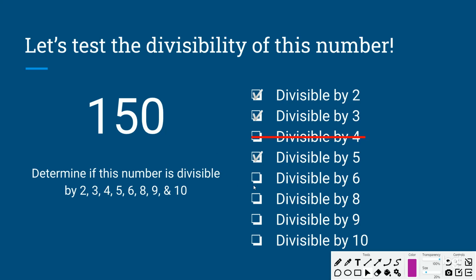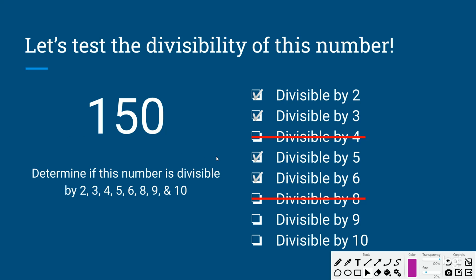For 6, does it meet the criteria for both 2 and 3? Well, I have a check mark for 2 and 3. So that means, yes, it is also divisible by 6. Is 150, the last 3 digits, divisible by 8? No, it is not. For 9, if I add up the numbers, is it divisible by 9?